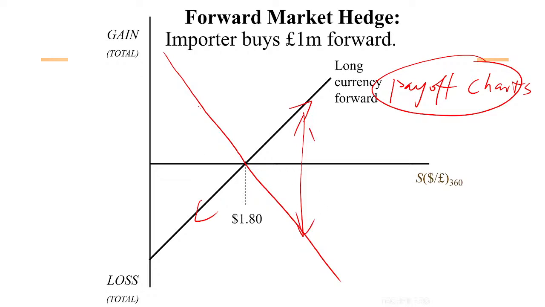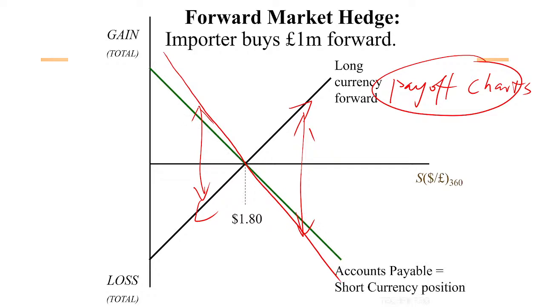So you eliminate all of the risks, and you eliminated your profit potential as well. So you are fully hedged. So this horizontal line is your hedged position with the forward contract.